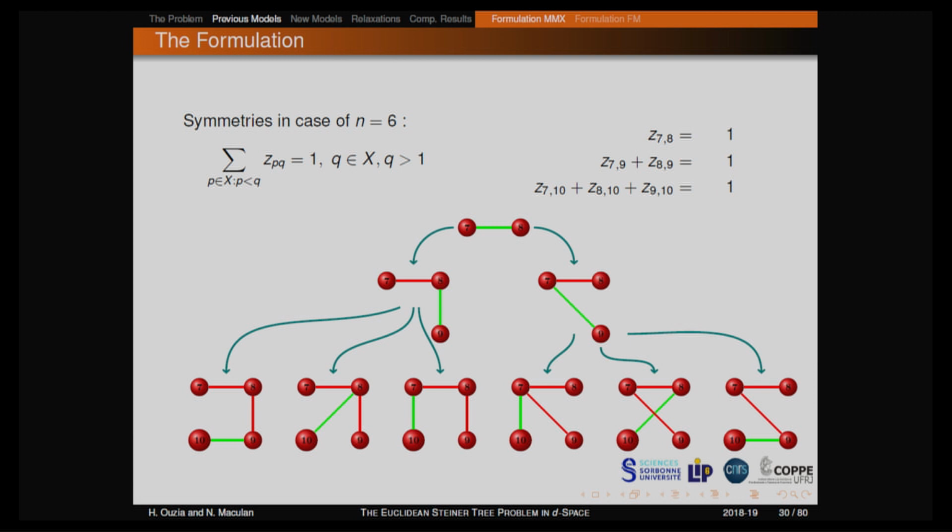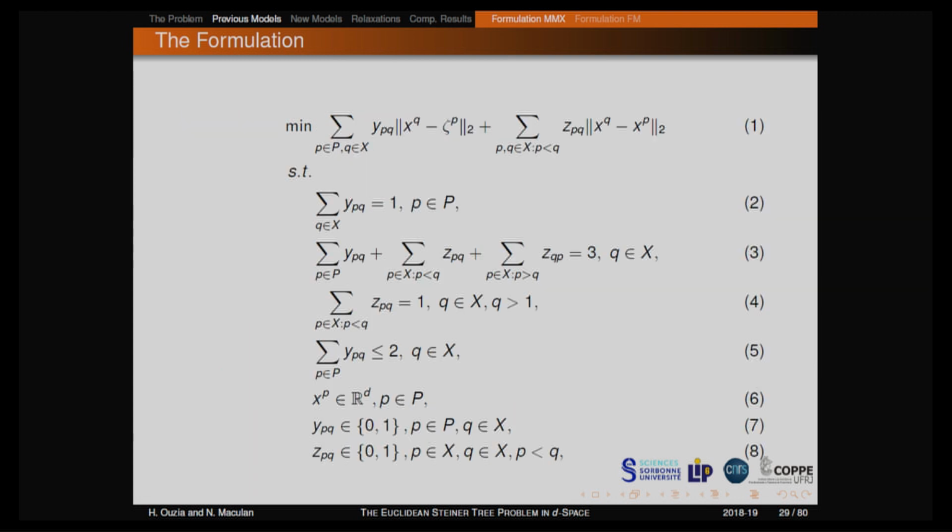That's the 3 families of constraints as I have seen in Y and Z. And this one is just for d greater or equal to 3. For 2 it is not true. This means you have no more than 2 for each. X is the dimension 0, 1, 0, 1. And now, that's a big problem. I multiply the 0, 1 variable by a distance.